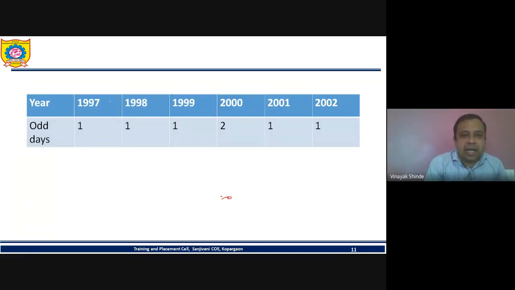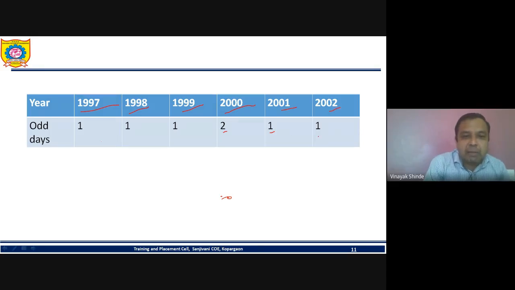See, 1997. How many odd days are there? 1, because it is not divisible by 4. 1998. 1, because it is not divisible by 4. 1999, 1 odd day. 2000 is divisible by 400, that's why it has 2 odd days. 2001 has 1 odd day. 2002 has 1 odd day.